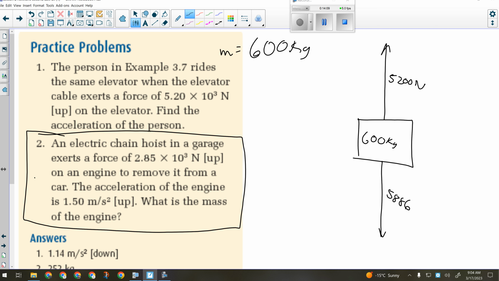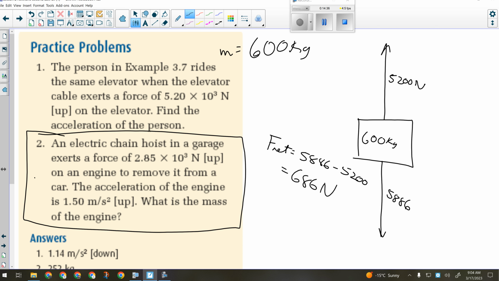All right, so now the force of gravity is greater than the upward pulling force of the cable. So which way is the elevator going to go? Down. Okay, so we got to calculate our net force if we want to calculate that acceleration. So that'll be the force of gravity minus the force of the cable, so the vector sum of all forces, okay, and that'll give us 686 newtons.